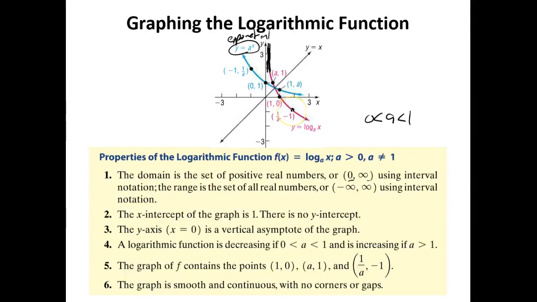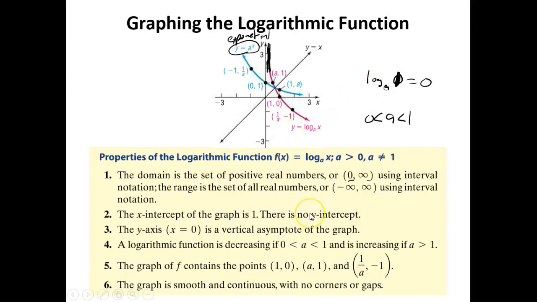That's always going to be true. When I put in 1 for x, to get from something raised to a power to get to 1, the power is always going to have to be 0. So to get an output of 0, we'd have to put 1 in for x. That's always going to be true no matter what the base is.